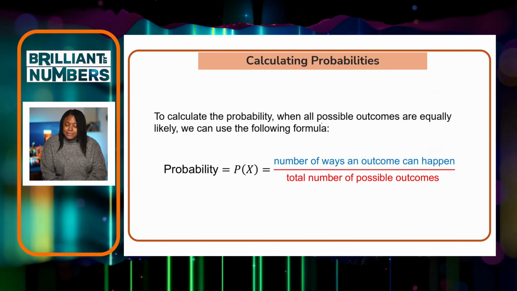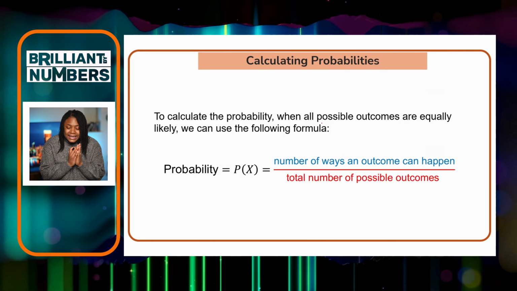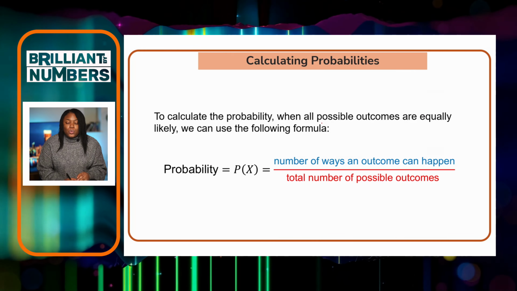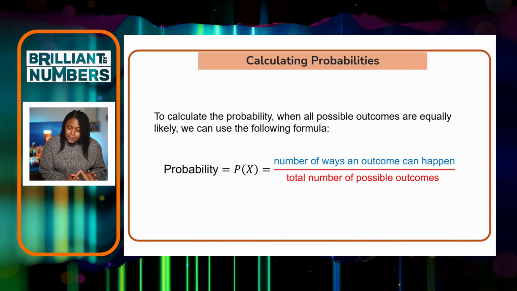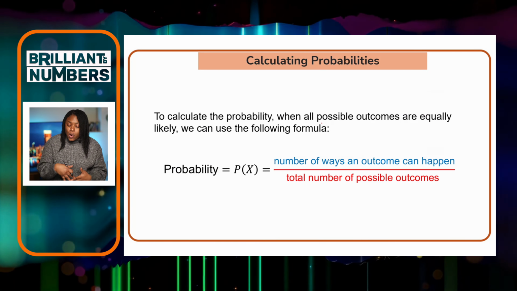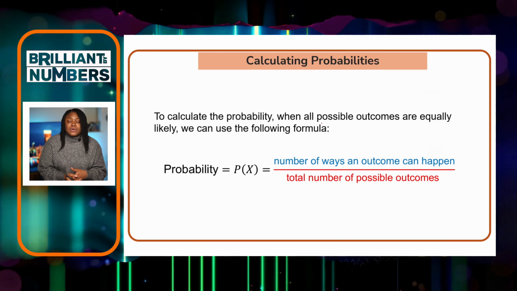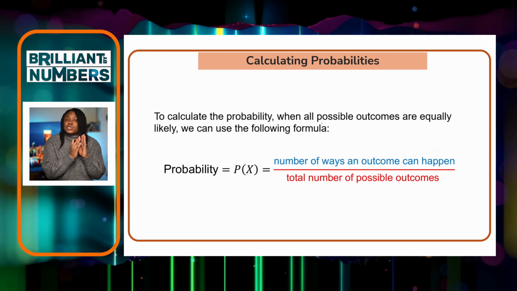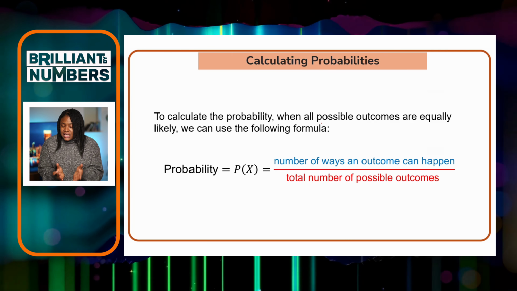Now, to calculate probabilities, when all the outcomes are equally likely, we use the following formula. In part 1, we talked about what notation we use for probability, and we said it was P on the outside of a bracket and the event on the inside.